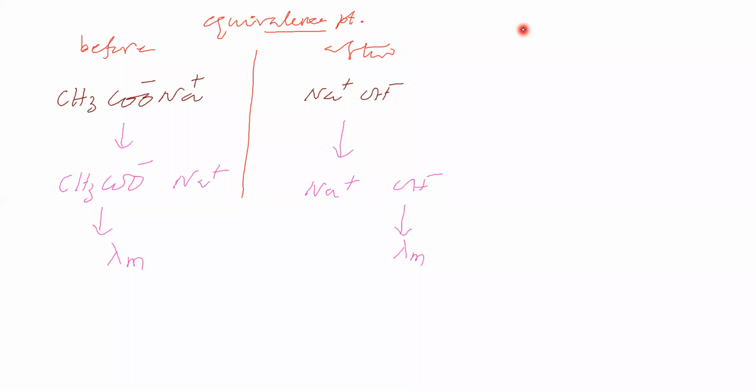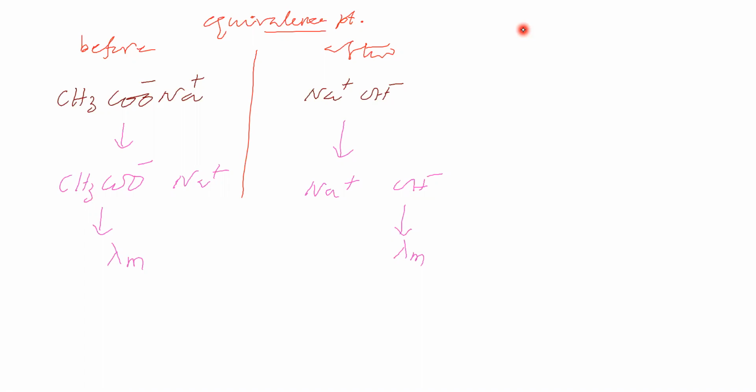So translational motion will be low for acetate and high for OH minus. That means OH minus is moving faster and acetate is moving slower. And OH minus shows Grotthuss conduction, in the sense that through hydrogen bonding it carries current, while acetate does not have such a feature. So think which is having higher lambda m.